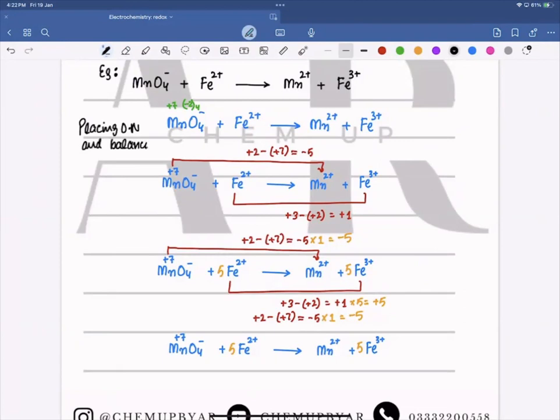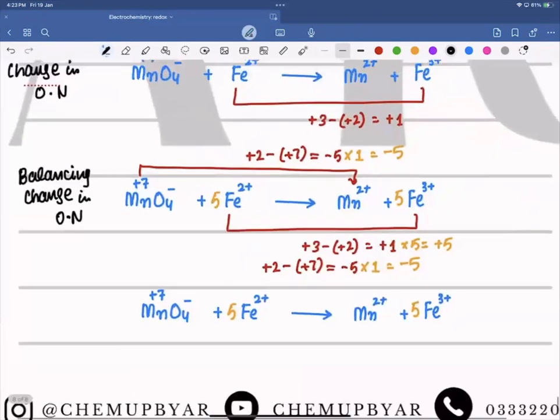Here we balance those elements whose oxidation number is changing, then the change in oxidation number, then balancing.